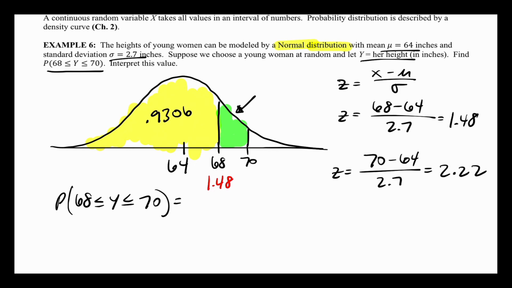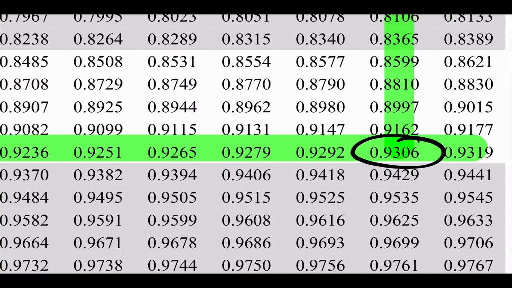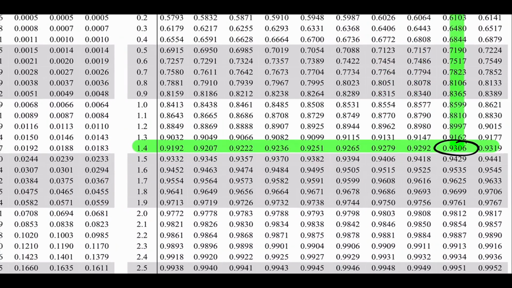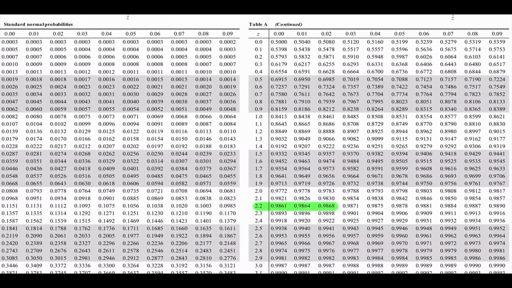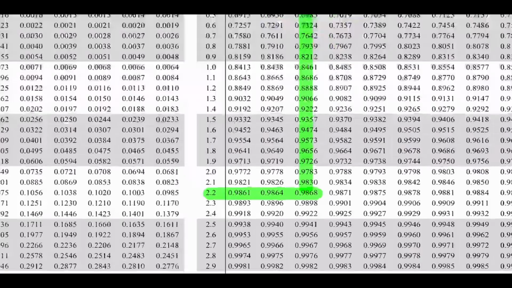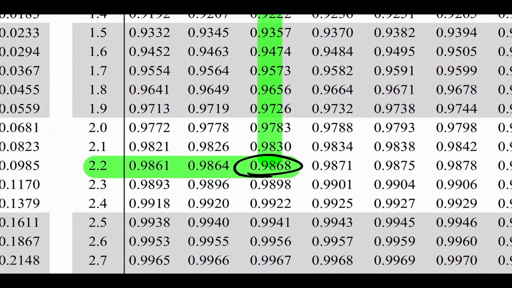So then I go to my table and I find that guy. 0.9868.